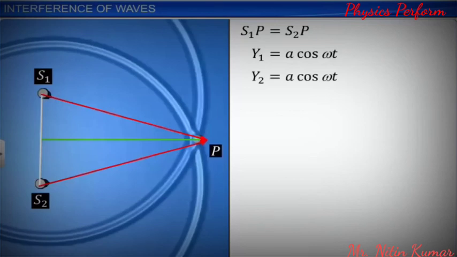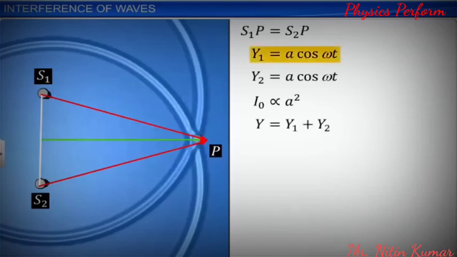We know that the intensity of a wave is proportional to the square of its amplitude. Therefore, if I0 is the intensity produced by each of the sources, then I0 is proportional to a squared. The resultant displacement at P, y = y1 + y2.